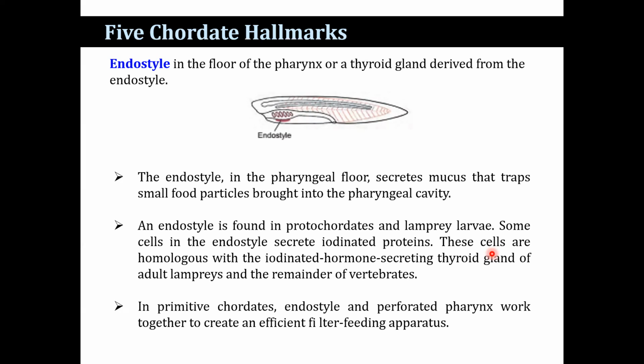The endostyle in the pharyngeal floor secretes mucus that traps small food particles brought into the pharyngeal cavity. The endostyle is found in the protochordates and lamprey larvae. Some cells in the endostyle secrete iodinated proteins, and these cells are homologous with the iodinated hormone secreting thyroid gland of adult lampreys and the remainder of the vertebrates.